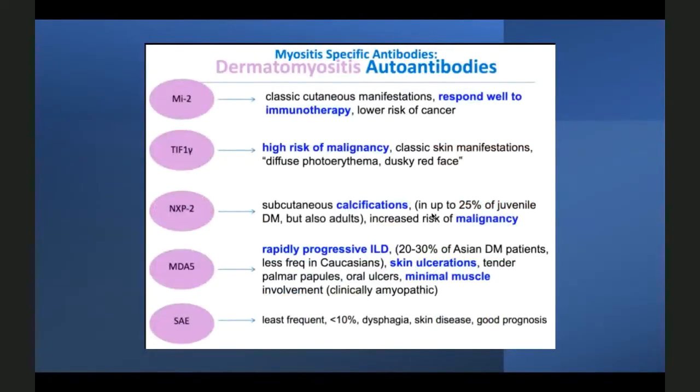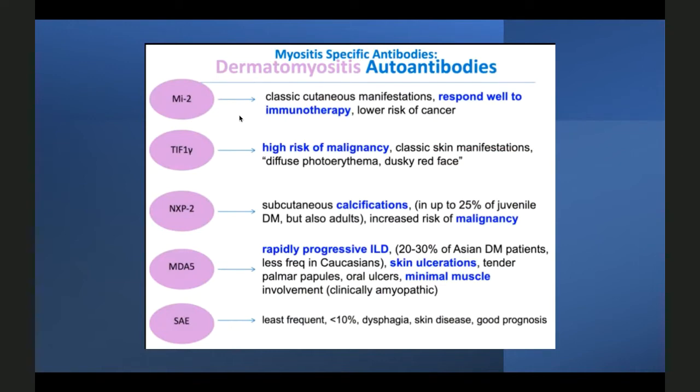Moving ahead, this is the slide that I want to spend a little bit of time on, the different autoantibodies with dermatomyositis. We now have 5 of them, and I'm sure down the lane we may have even more. But as of now, the first one is Mi-2.